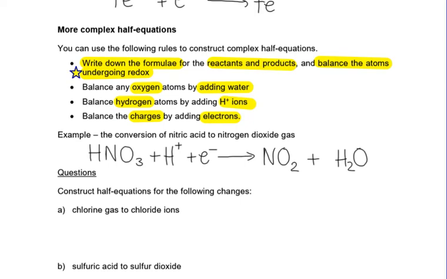So I am going to be reducing nitric acid. Now, as you get better at redox, you'll start to be able to think about, does this make sense? The nitrogen in this compound is +5 oxidation state, and in this compound it's +4. So how many electrons would you think you'd need to add to go down 1? And is it the right number? I've got 1 electron there.